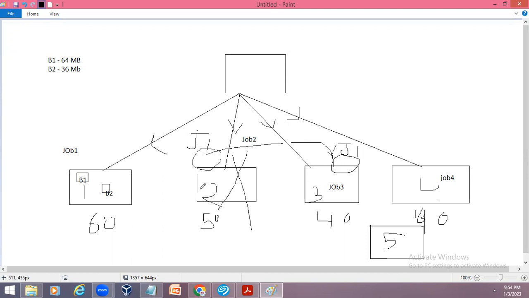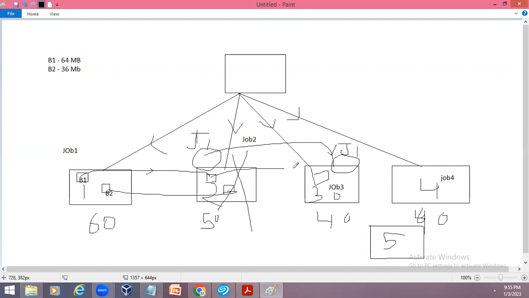Now, let's talk about the replica also. How does replica work? Replica works for each of the blocks. For B1, I will have a copy, and for B2, I will have a copy. Now my default factor is 3, so I should have 3 copies.